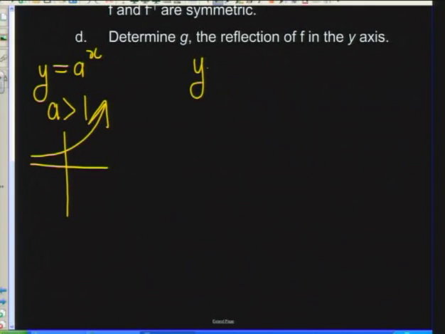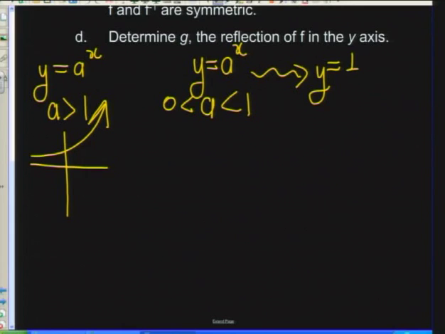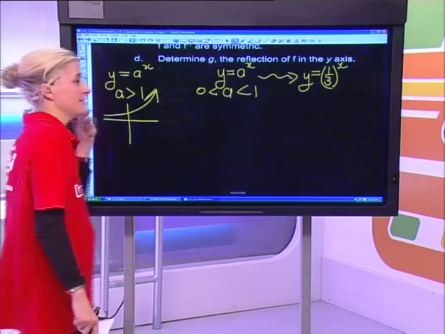For a graph in the form y is a to the power x, if a is greater than 0 but less than 1, in other words, a fraction, like what I've got here, y is equal to a third to the power x, then that graph will be a reflection in the y-axis of the other graph.